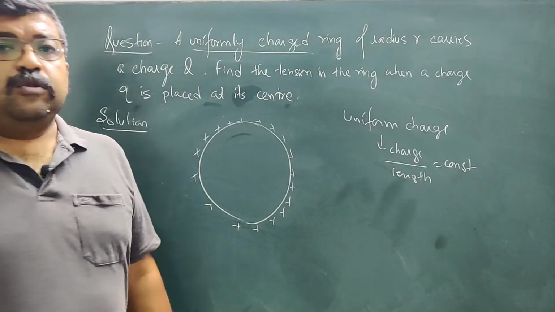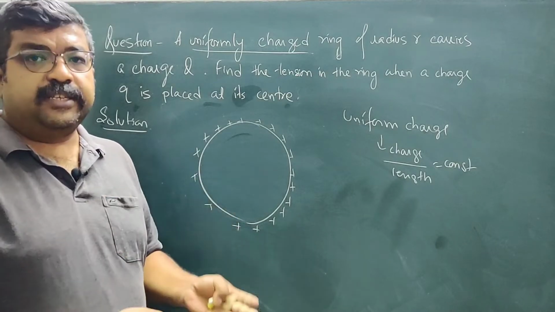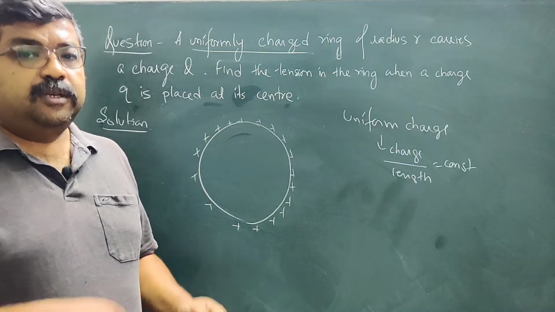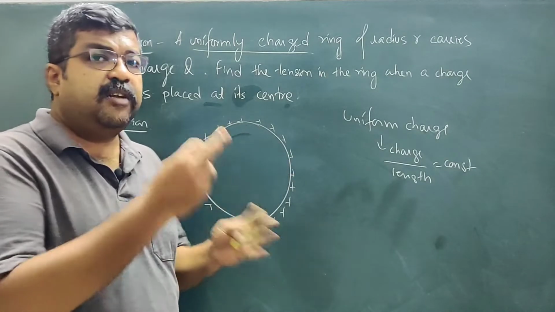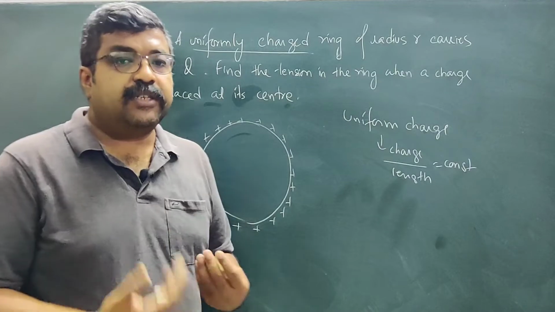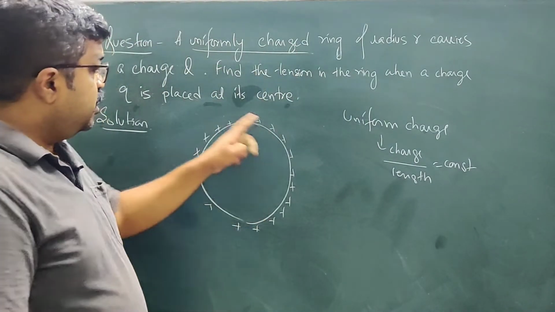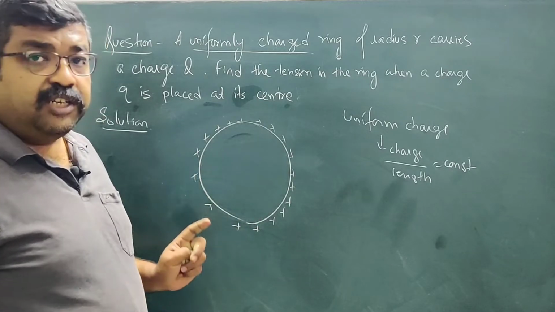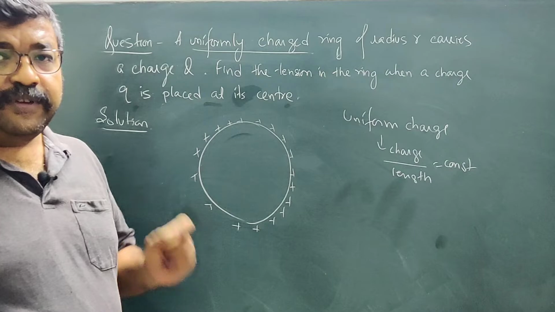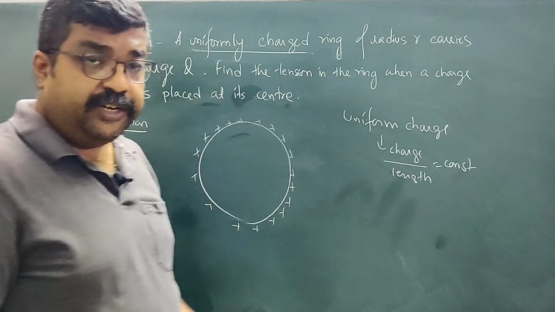See, before solving a question you need to understand what the question says. You should be able to understand the terms which are involved in the question, irrespective of whether those things are required for solving the question. Sometimes those things are not required, but you need to understand the question. So uniformly charged ring means this is a ring which is uniformly charged. Each unit length of the ring will have the same amount of charge, so charge per unit length is a constant.